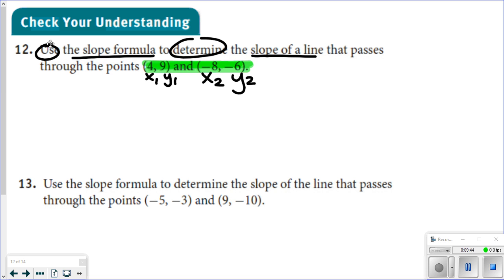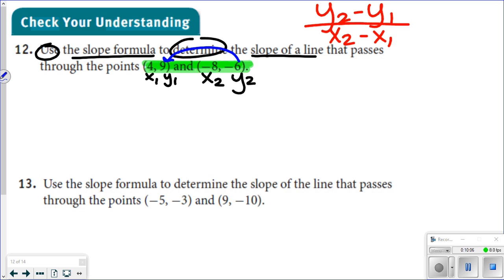Y's go with y's. Okay, so I'm going to rewrite my formula just so you can see it. Y2 minus y1.